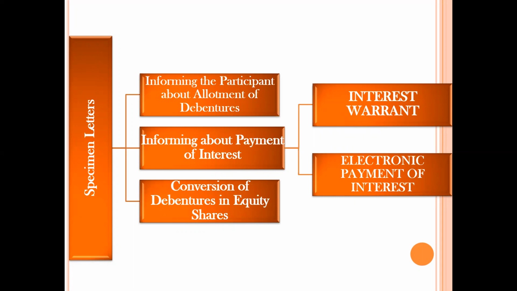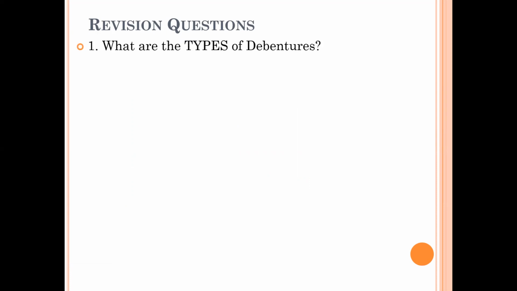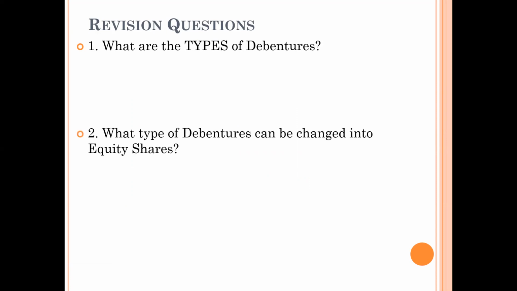Do you all remember? If not, listen to the next questions which are coming in front of you and try to recall it. The first question is, what are the different types of debentures? I'm giving you 2 to 3 minutes to recall the topics, which we have already covered in the first and second chapter.